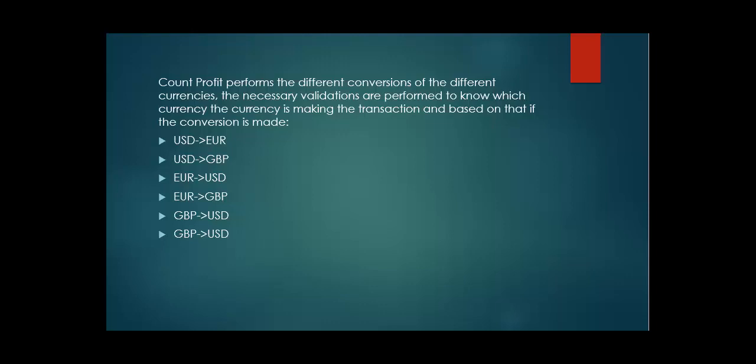The necessary validations are performed to know which currency is making the transactions, and based on that, a conversion is made. We have some examples of the transactions that we can make.